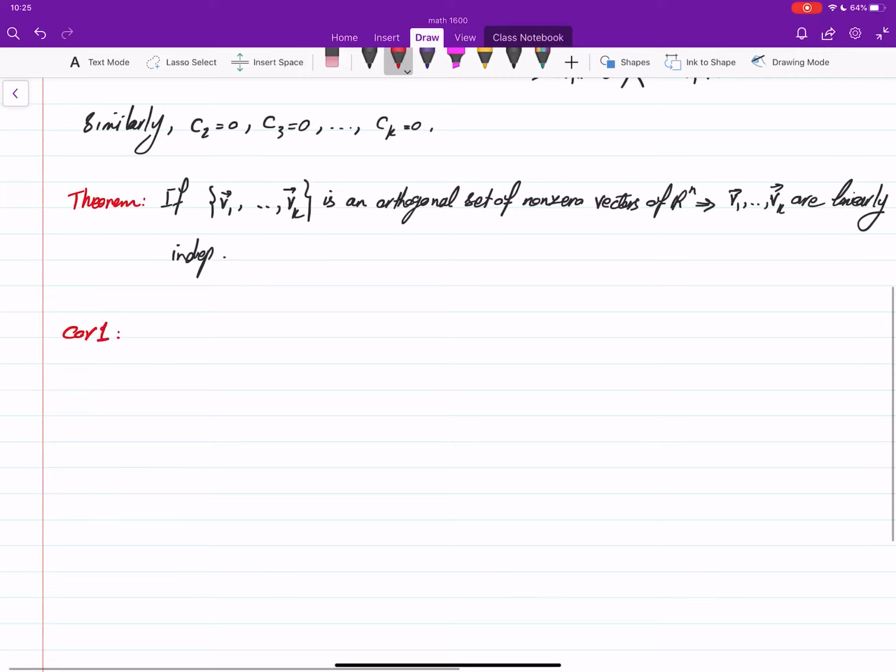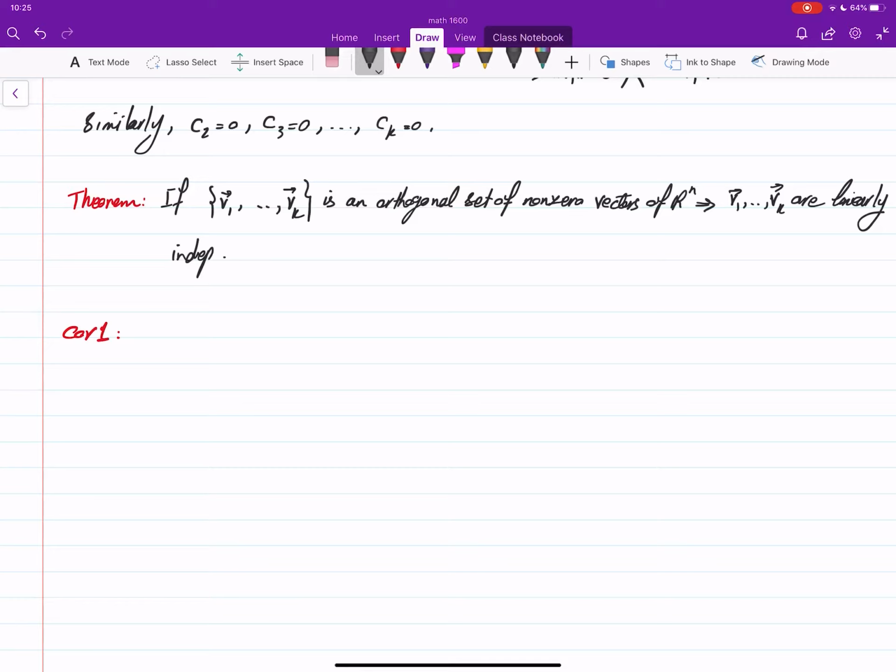The first corollary is that if we're working in Rn, the maximum number of vectors that can be linearly independent is n.